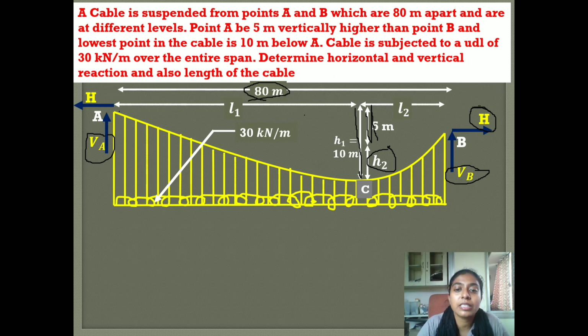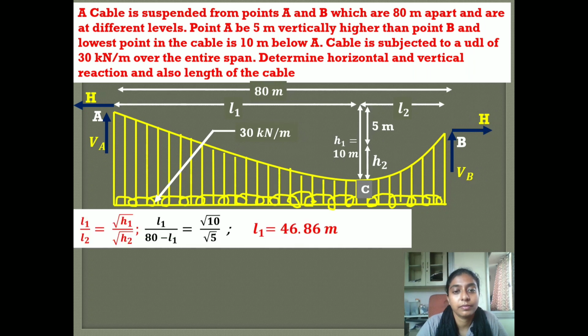Now the cable is subjected to a UDL of 30 kN per meter. So these are given for you. We are going to analyze the cable when subjected to this UDL. Now we know the relationship between the span length and the maximum dip.